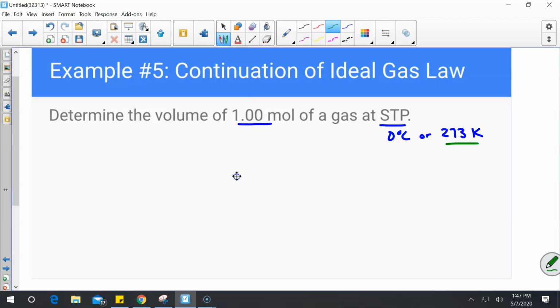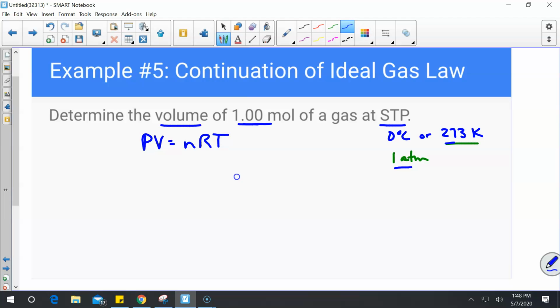And then pressure, isn't pressure 1 atmosphere? Correct? So I have pressure, I have temperature, I have moles, and they're asking me to find volume. I'm not having a change of initial to final, so it must be this equation.